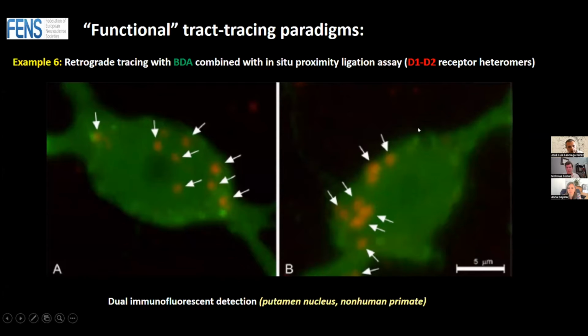With the neurons, we have combined a technique called in situ proximity ligation assay, PLA. And in that case, we are disclosing a pair of GPCR receptors that are D1 and D2. So every single red dot is a pair of D1 and D2 receptors identified within putaminal output neurons.